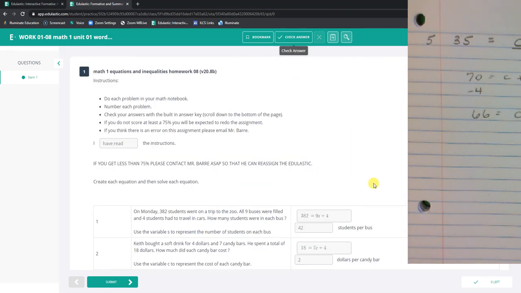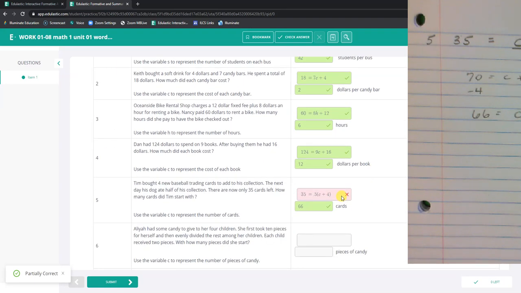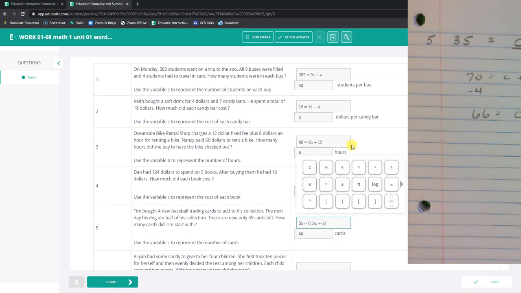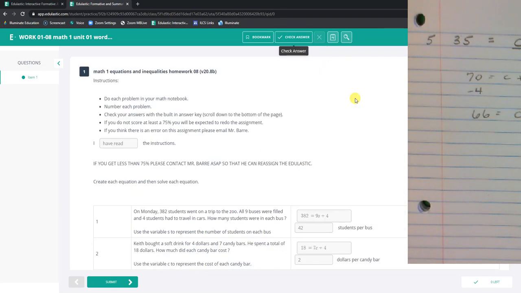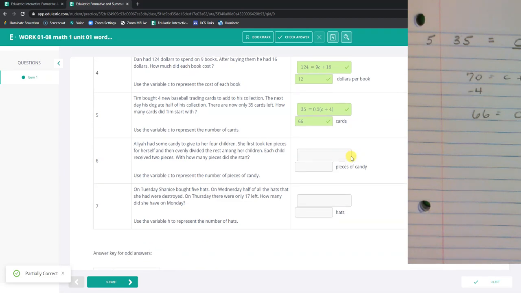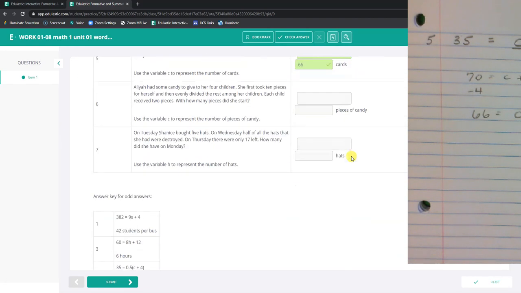See if it likes that better. Still doesn't like it. You know what? It probably wants a 0 in front of it. Good. Looking good.